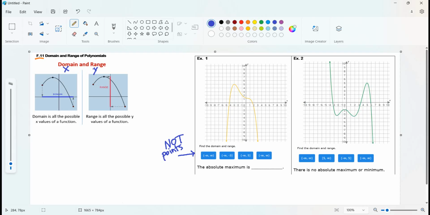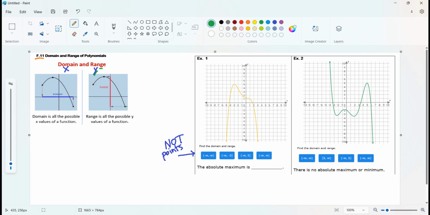The range is where we're focused on the y values, looking at it vertically. If you forget, I would always remember that the Y kind of goes down like this, the G sort of goes down like that. So Y is the range. That's a little thing that helped me.